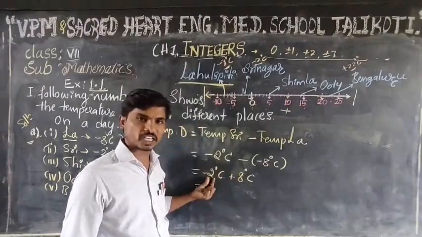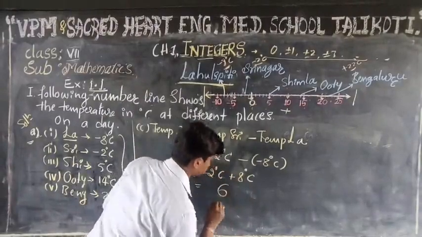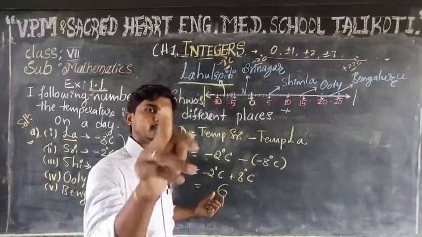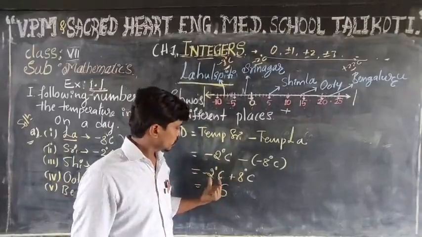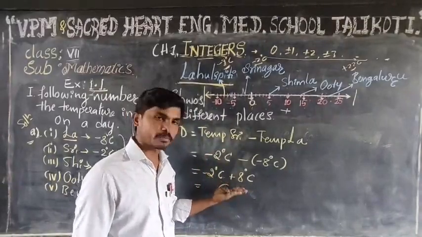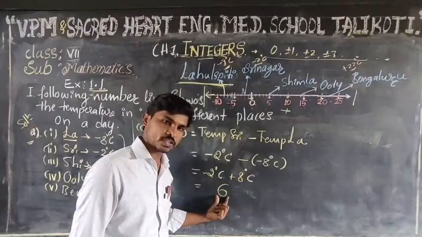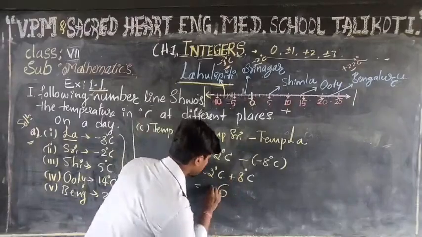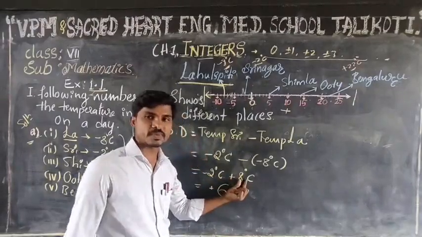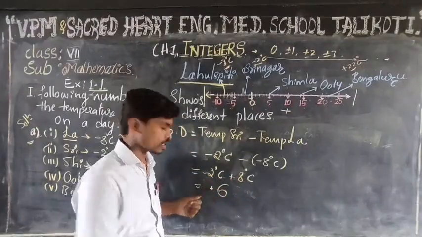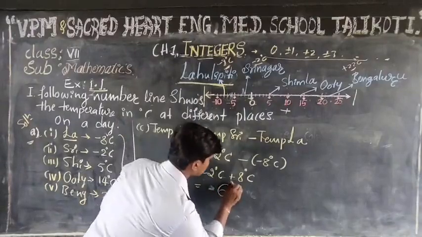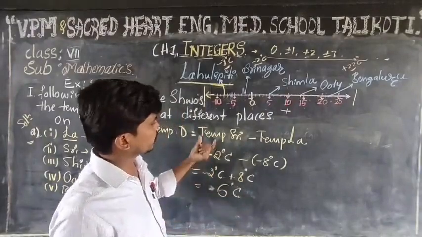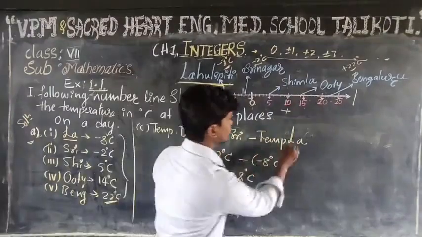Our result is 6. Then mention the bigger number's symbol, that is plus, because it is the bigger one. That's why plus is the sign of the result. 6 degrees Celsius is the temperature difference between the temperature of Srinagar and the temperature of Lahaul Spiti.